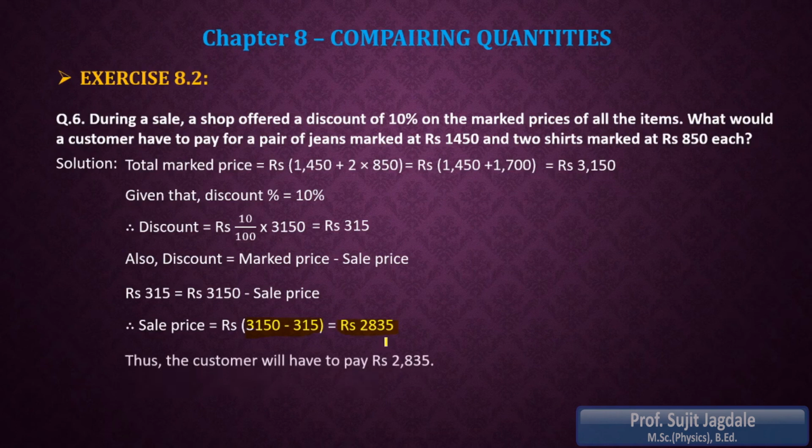Therefore we can say that the customer will have to pay Rs 2835 during that sale when he buys a pair of jeans and 2 shirts at a discount of 10%. In this way we are able to calculate the SP by using the discount percentage.